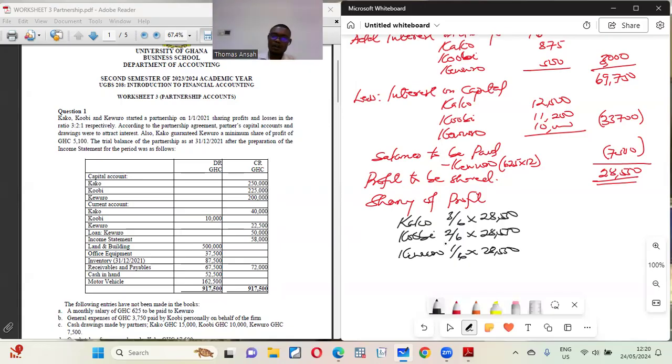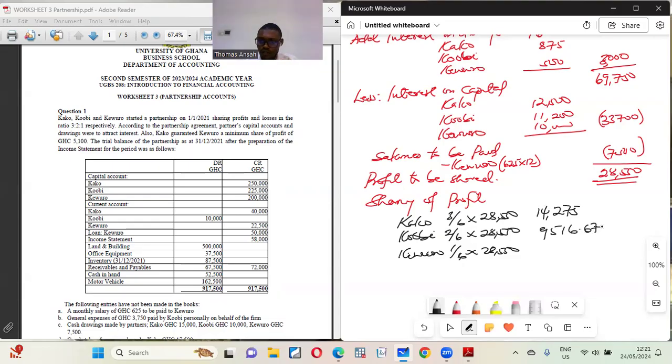28,550. Now, it is good you present your answer in the second column. So let's present that. This one is 3 over 6, so we have 14,275. Then we take 2 over 6 by 28,550. That one too, we get 9,516.67.